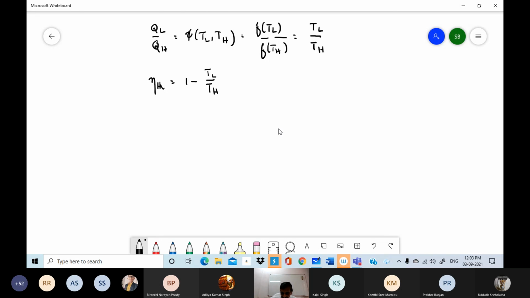So the assumption made is that these are reservoirs where water undergoes phase change from solid to liquid and liquid to vapor, and this is at atmospheric pressure. If the pressure were different, the temperatures would be different. So by definition the ice point and steam point are where the phase transition occurs at atmospheric pressure.